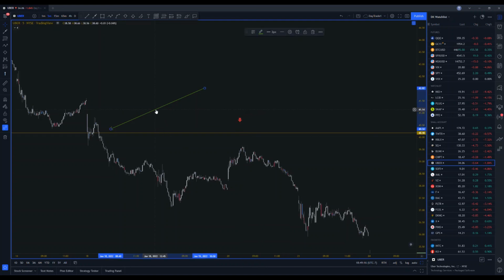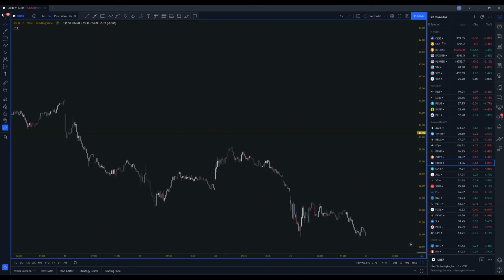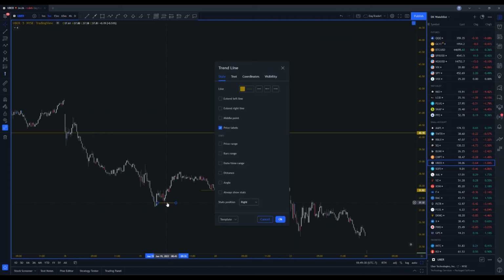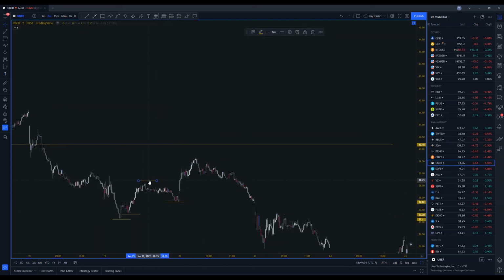Couple of things you can combine with this. You can start mapping out really quick where your most recent lows are. We have a low there, a low there, another low, a most recent high, a high right there.